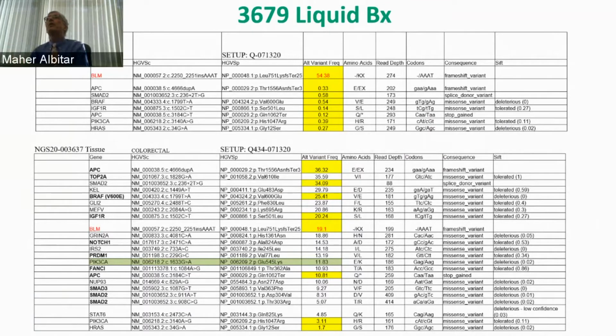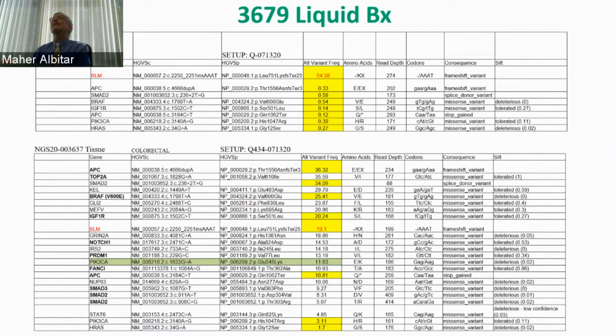At the same time, I want to point out that in the green, there's a mutation in PIK3CA detected in the tissue at 11.83%, but this mutation wasn't detected in the cell-free DNA. Instead, a different mutation in PIK3CA, shown in yellow in the tissues, was detected at very low levels, at 3.11%.